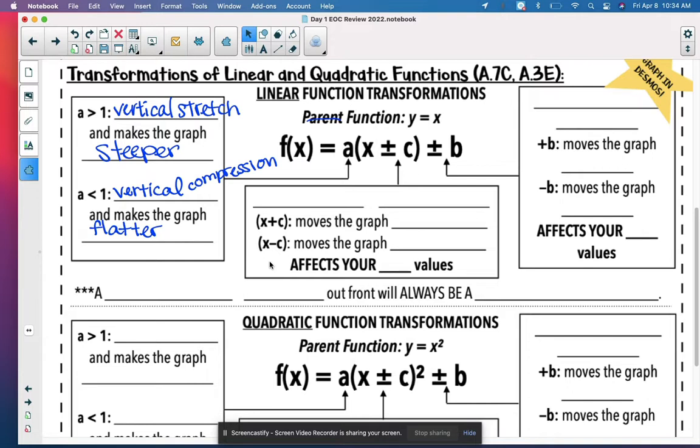The next thing I want to talk about is the horizontal movement. So again, this affects our x values. So it affects our x-intercepts. And this is all technically kind of backwards. So if I have x plus c, let's look and see how that affects our graph.